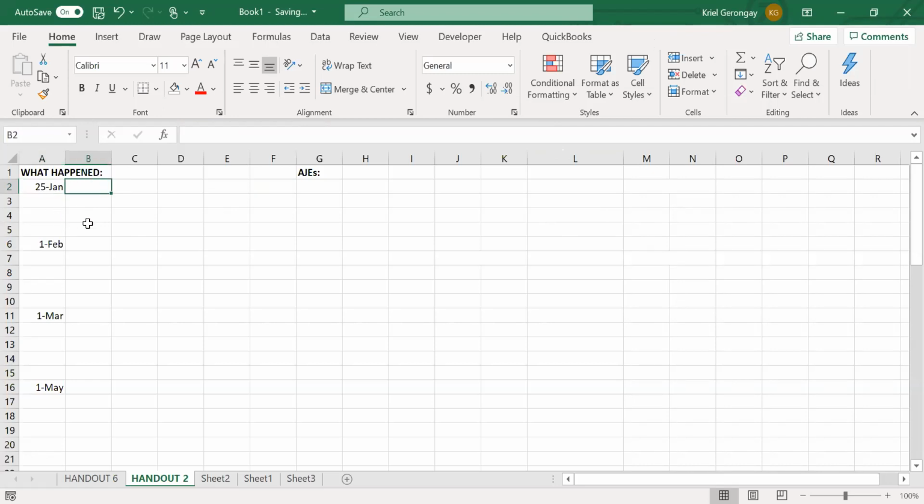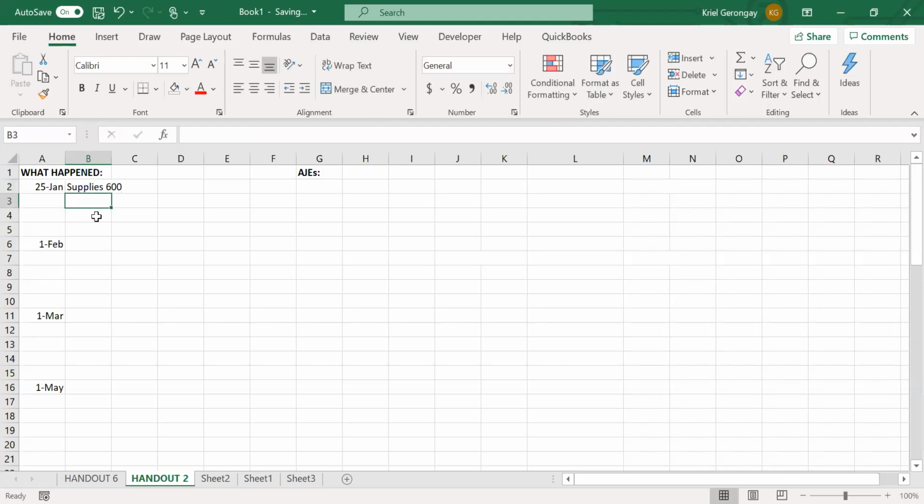So for the first line, January 25th, you put the date. If you read it, it says purchase $600 of office supplies. So the initial journal entry for that would be supplies expense. No, it's supplies. Supplies for 600.